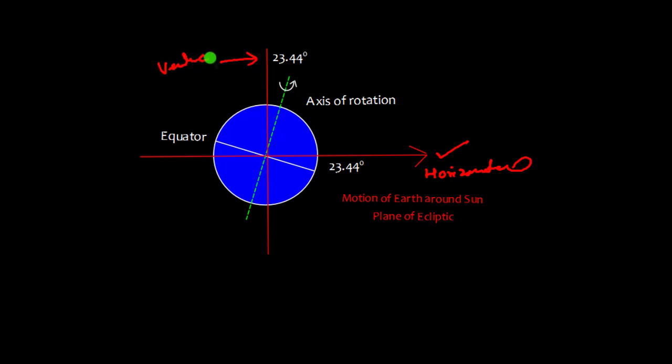Let me name it as vertical. So Earth's axis of rotation is this one, and this is going to make an angle of 23.4 degrees. So here also this is the equator, it is also going to make an angle of 23.44 degrees to be more precise. So this angle is called the obliquity of ecliptic.